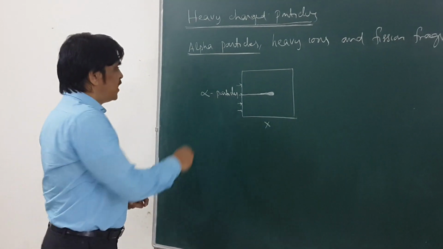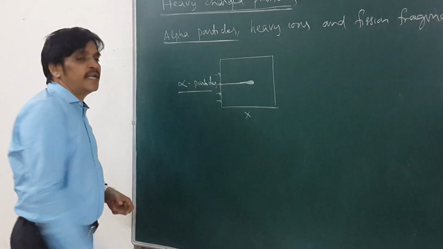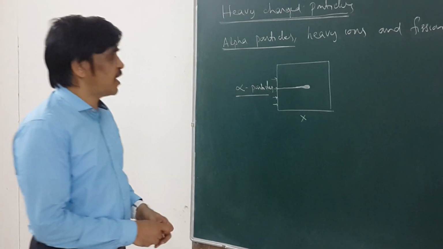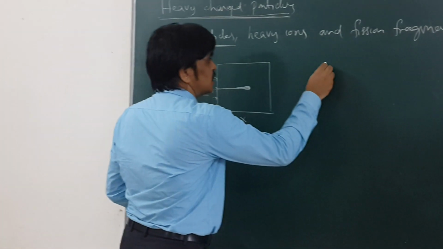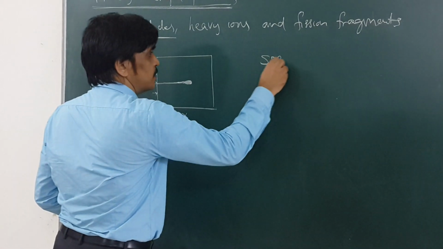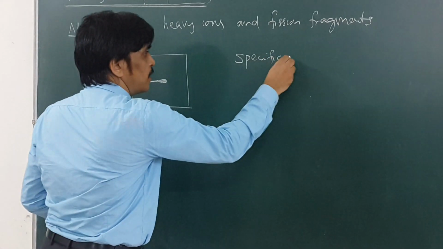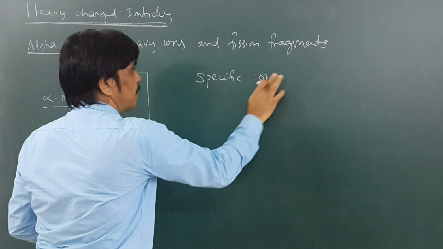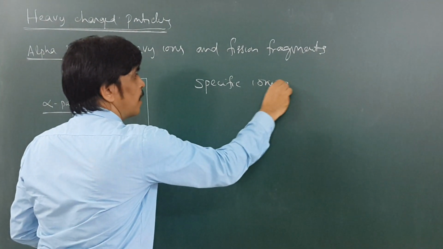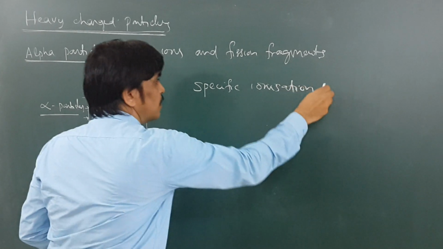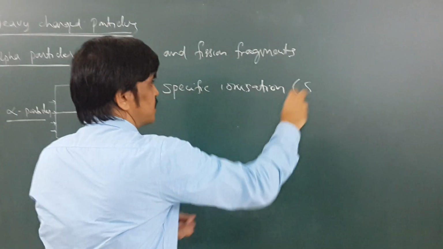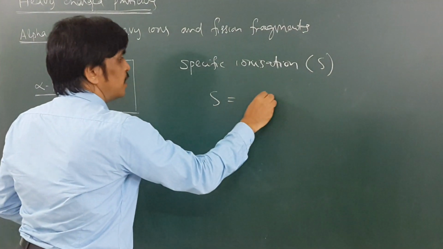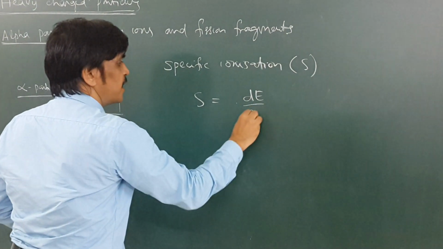Now, the most important parameter with which the interaction of a heavy charged particle like an alpha particle can be described is a parameter called specific ionization, given by S. So S equals minus dE by dx.